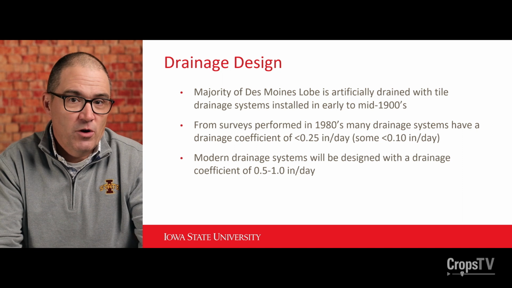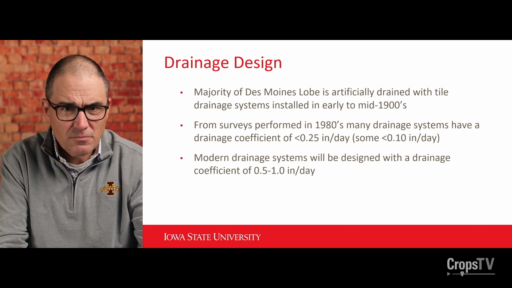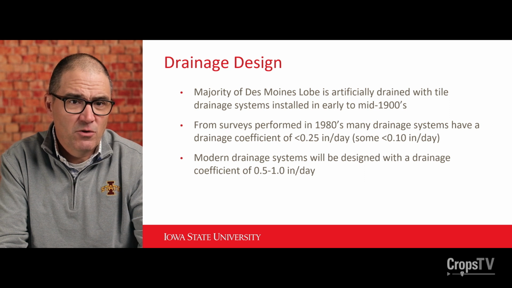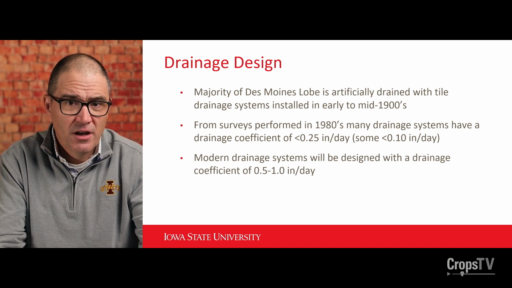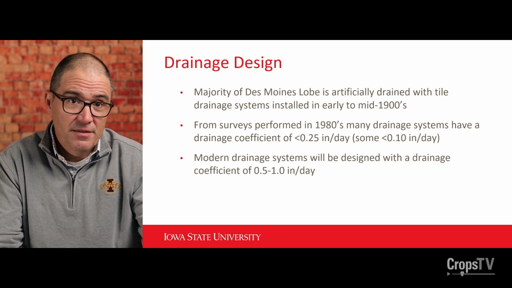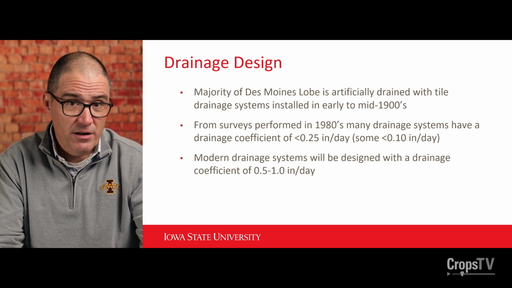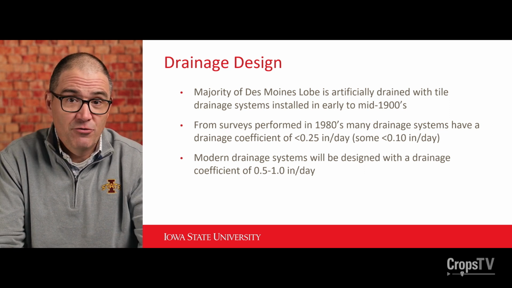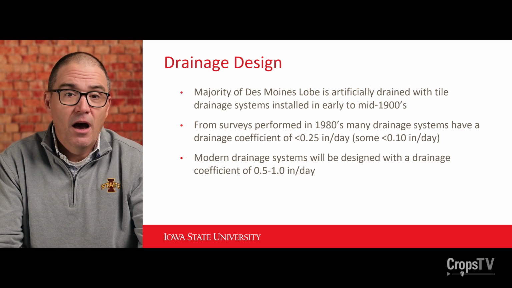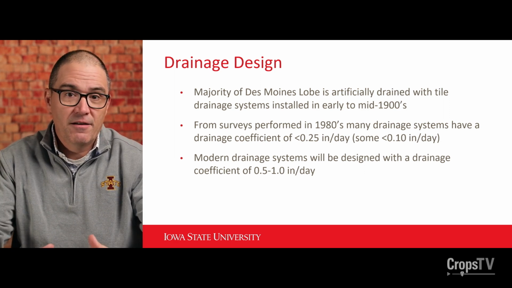When those systems were installed in the early to mid 1900s, most of those were designed with what we'd call a drainage coefficient of about 0.25 inches per day or less. The drainage coefficient is how much water we can get out of the drainage system in a 24-hour period. So if it's 0.25 inches per day, that means we get about 0.25 inches off that whole drained area in a 24-hour period.